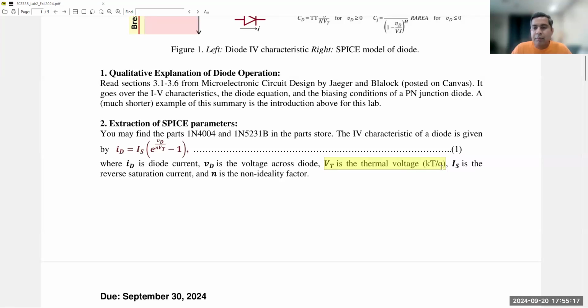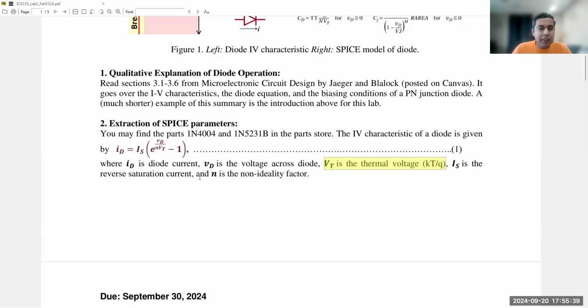If you make a simplified calculation here, then VT is usually around 26 millivolt, or 0.026 volt, at room temperature. So you can use that in your hand calculation as a starting point.